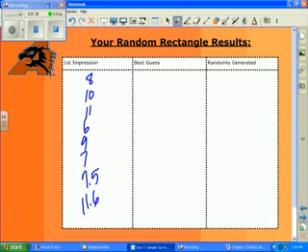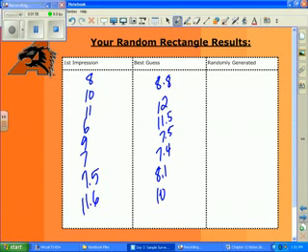Okay. What, when you did your best guess, did you think the average areas were? So when you got to hand pick them, what? Okay. Now, how about randomly generated ones?